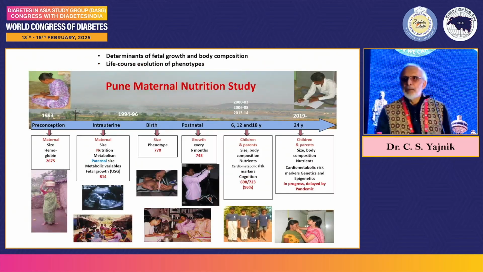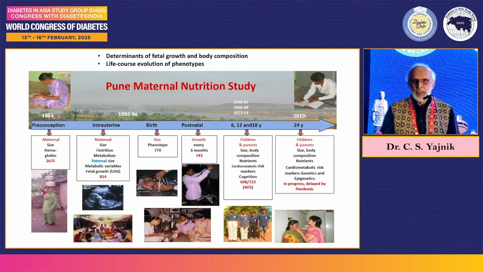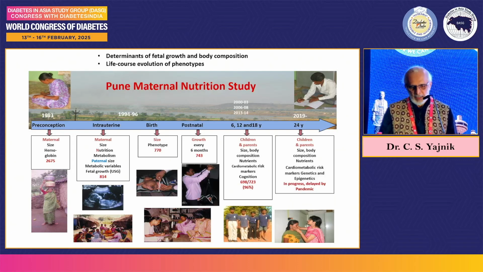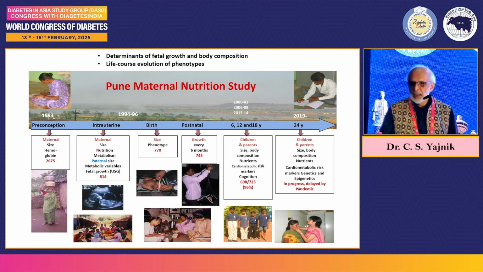Then I would like to tell you that the only study in the world which traces the life-course projection of glucose into pregnancy is done in my department. It's called the Pune Maternal Nutrition Study, which started with David Barker and Caroline Fall in 1993, and we are now into 30 years of the study. We have serial glucose and a whole lot of measurements in the families, 800 families over 30 years.